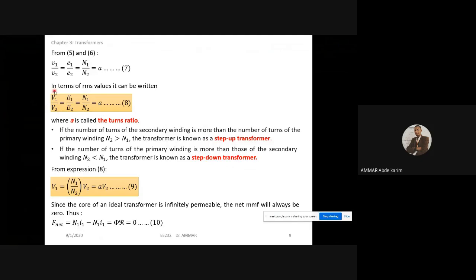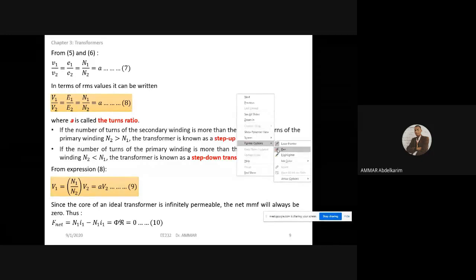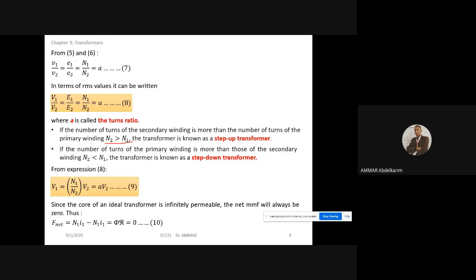Starting from this, V1 over V2 equals E1 over E2 equals N1 over N2, and we call this the turns ratio A. So if the number of turns of the secondary winding is more than the number of turns of the primary winding, the first case, if N2 is more than N1, which means A less than 1, A between 0 and 1.